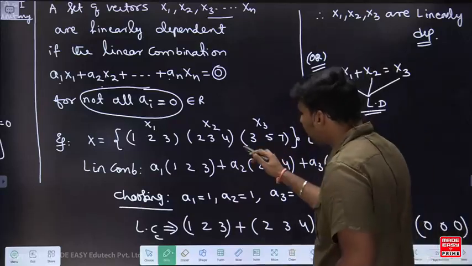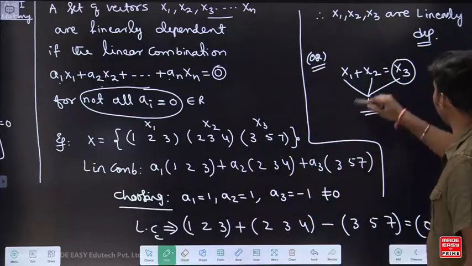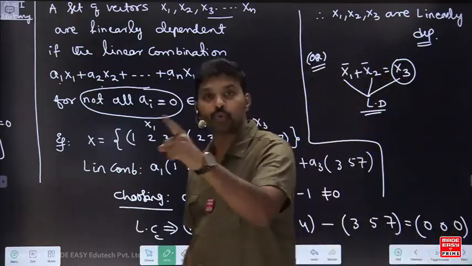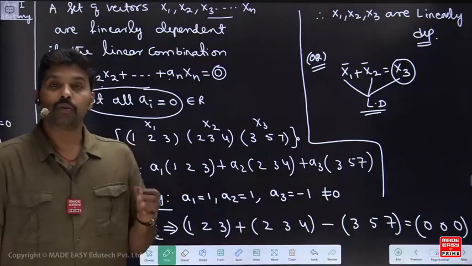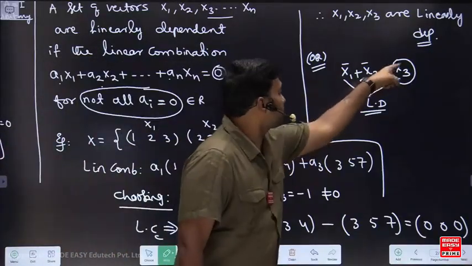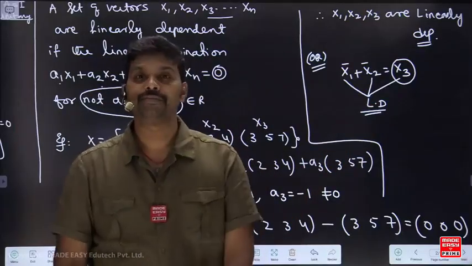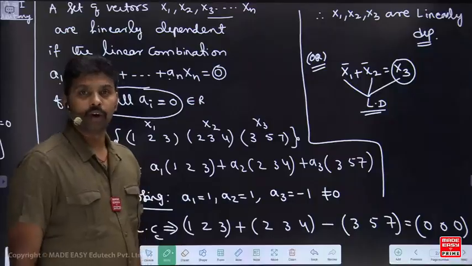So one vector x3 is given by the linear combination of x1 and x2. Therefore x1, x2, x3 are all said to be linearly dependent.